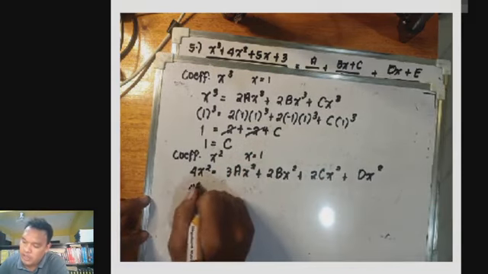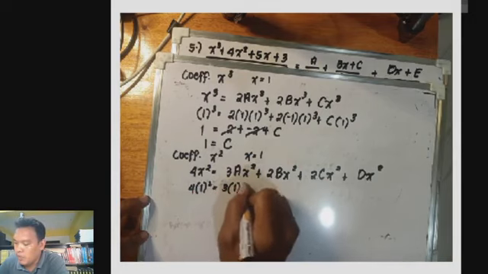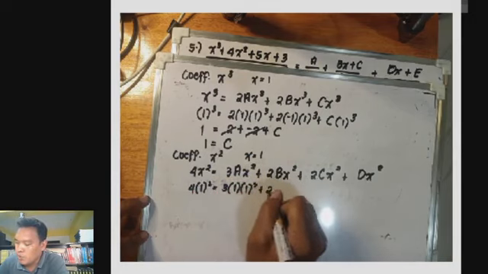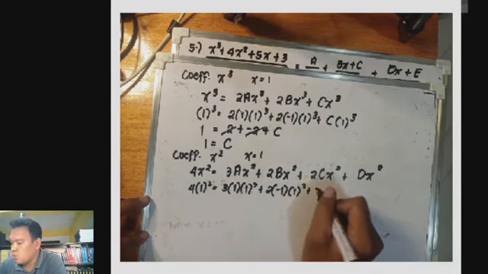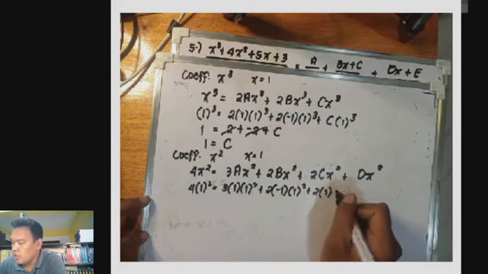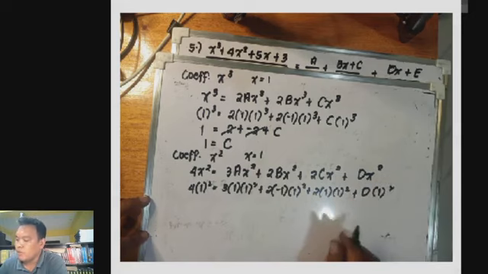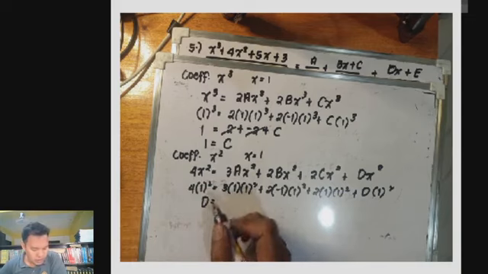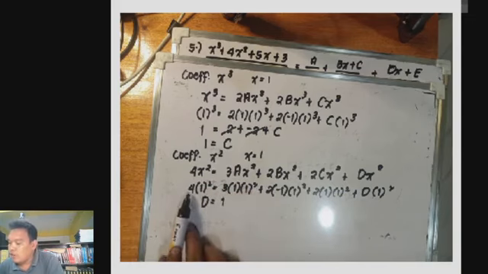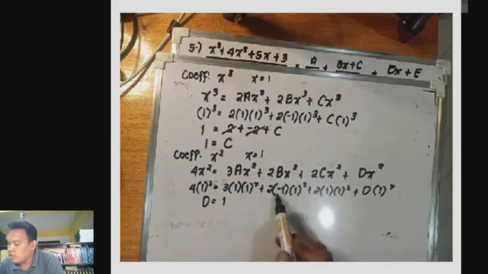So, we have 4 times 1 squared is equivalent kay 3. The value of a is 1 times 1 squared plus 2. The value of b is negative 1 times x, which is 1 squared, plus 2 times c, which is 1. Then, 1 squared plus d times 1 squared. So, lalabas yan, d is equivalent kay 1. Kasi 4 to, di 3, tapos ito ay 2, 2, cancel pa na to.